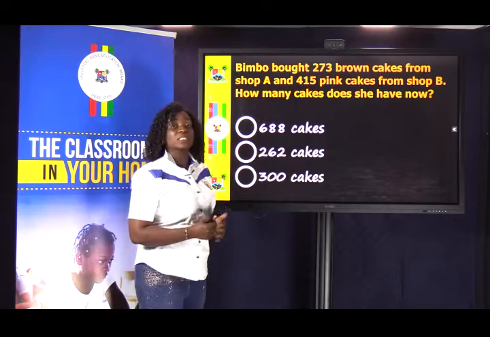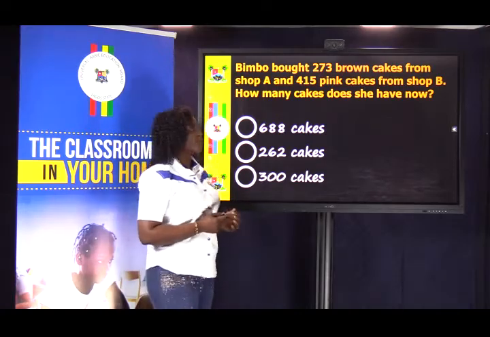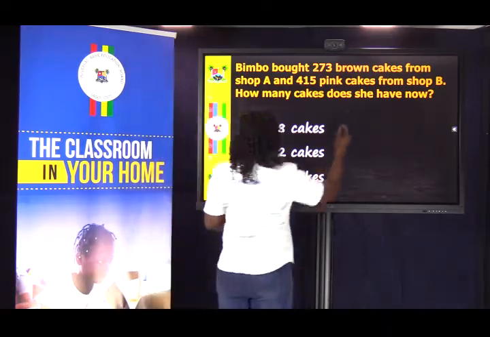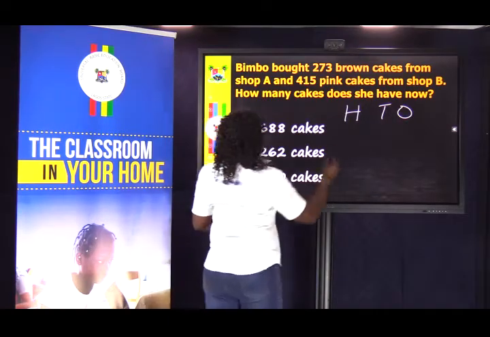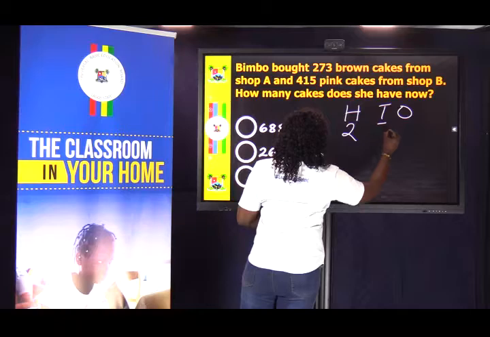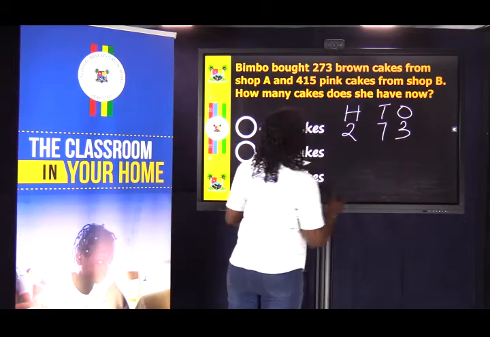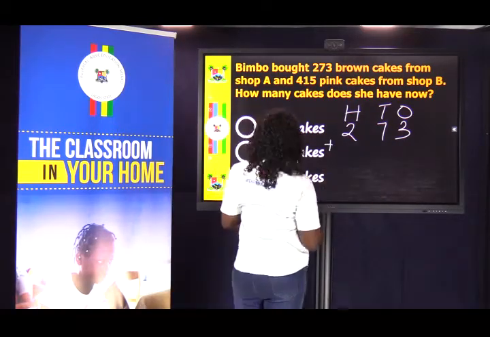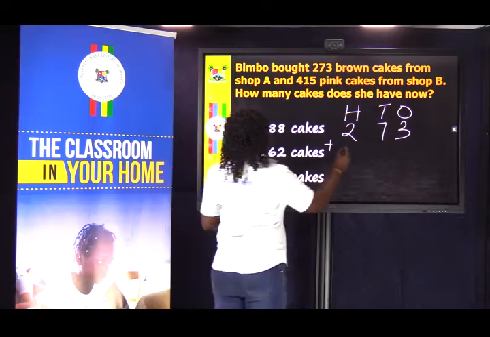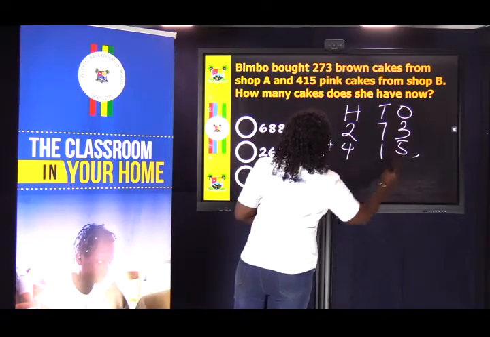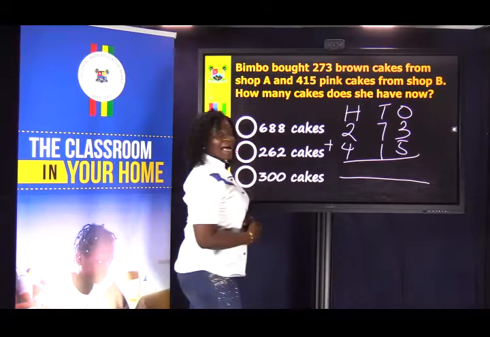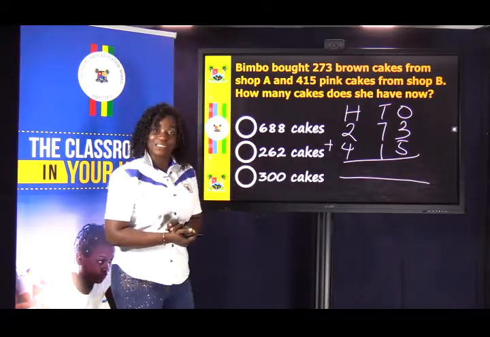Yes, because she bought more to what she had before, we are going to add. So you write your hundreds, tens and ones. Then you expand 2 under hundreds, 7 under tens and 3 under ones. Put the sign you are working with. Then we have 4 under hundreds, 1 under tens and 5 under ones. Are you adding? Yes. Okay, look up.